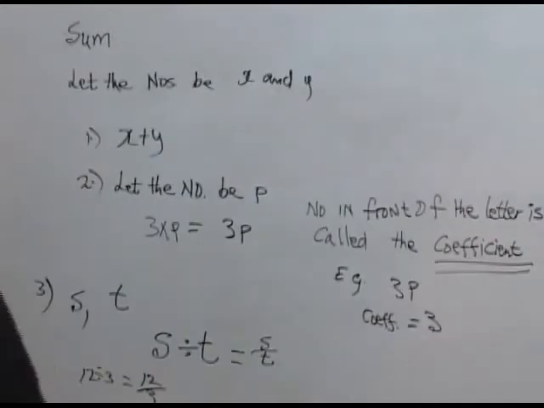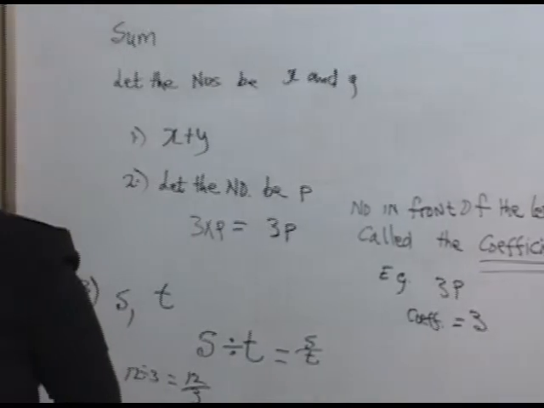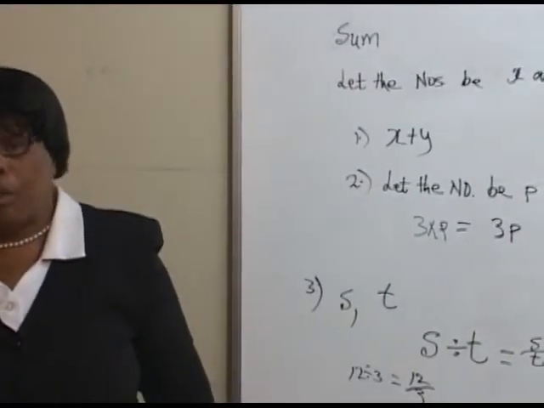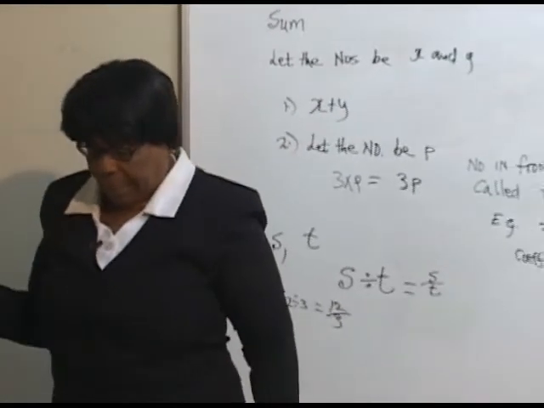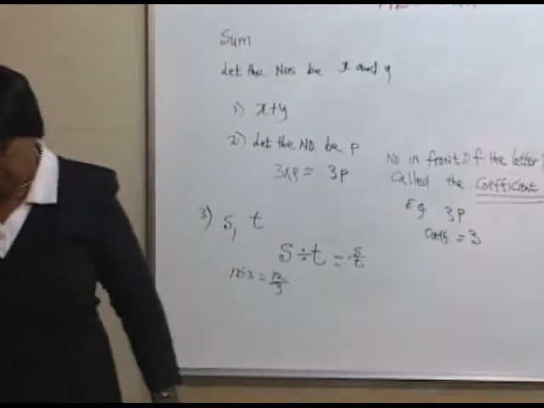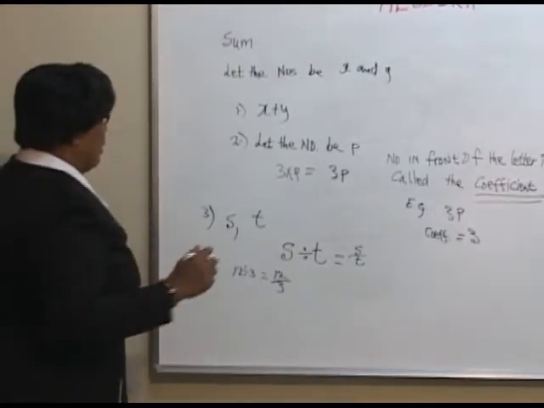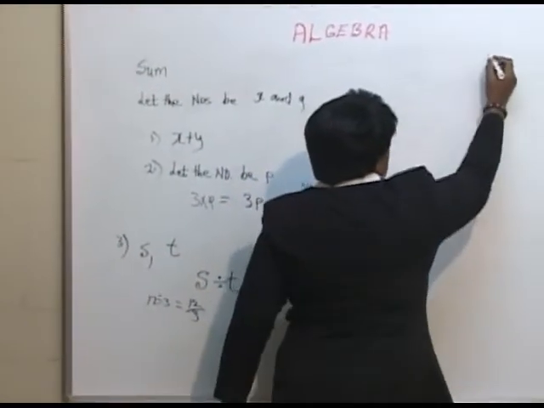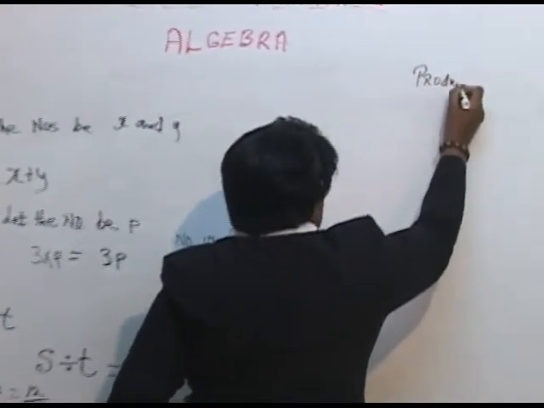Now, it can get more complicated too, okay? So we can have things saying 5 times the product of two numbers. Notice again what we want to know. We want to know, what does the word product mean? Okay, product.